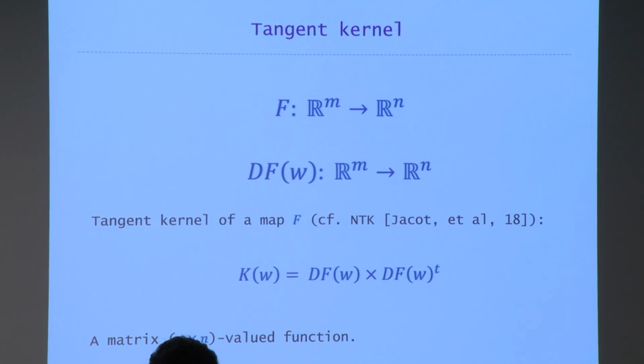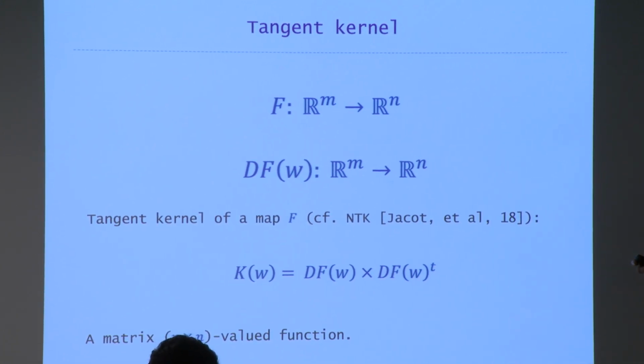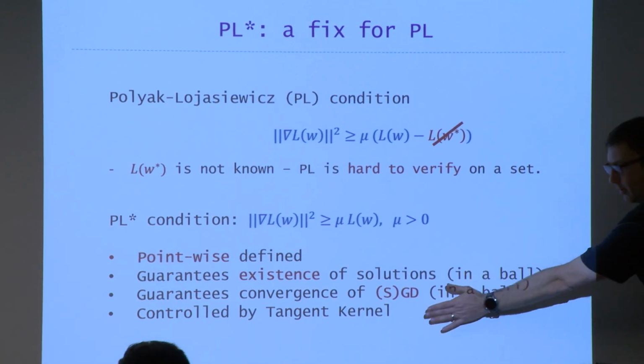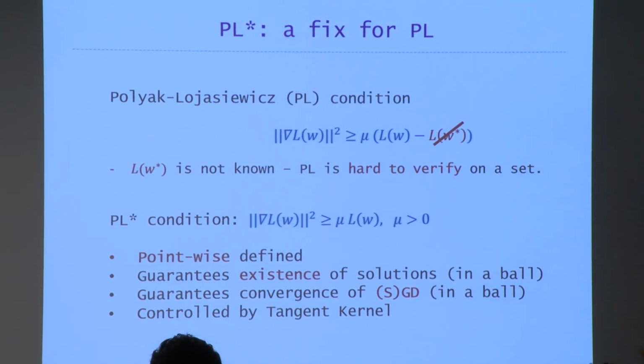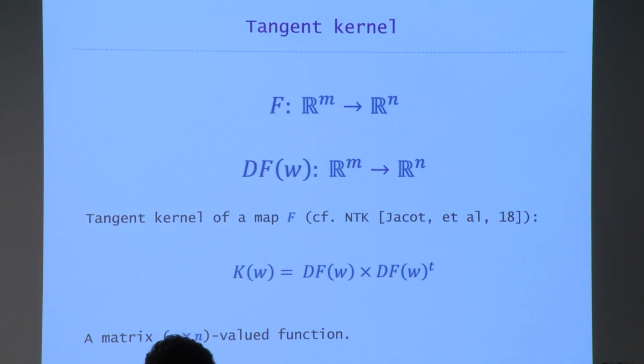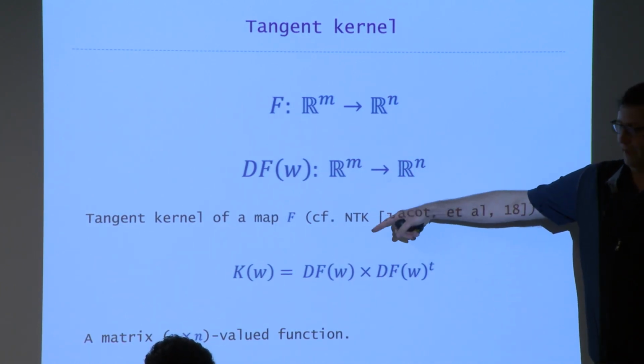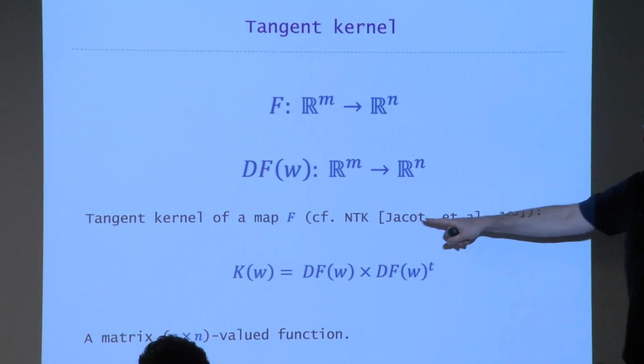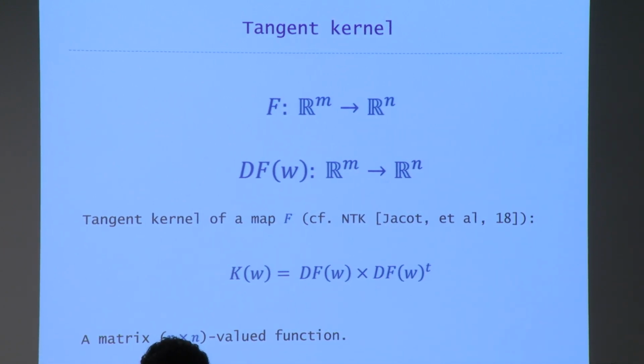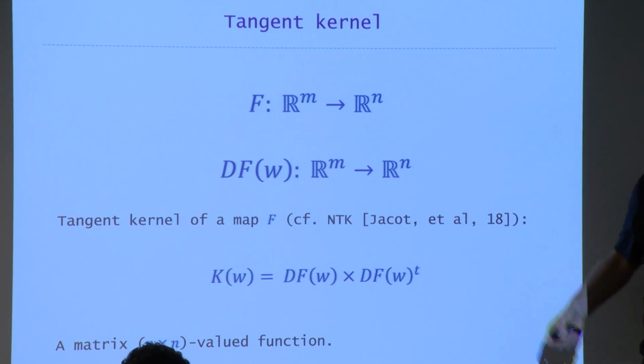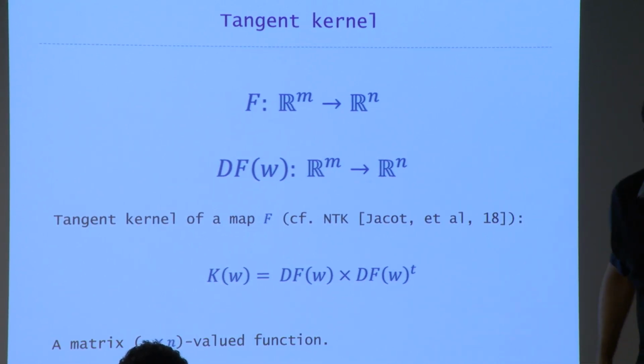So now, what is the tangent kernel? The tangent kernel allows us to give a more analytic way to prove this. It is based on the neural tangent kernel by Jacot et al. Of course, it's defined for any differentiable map.